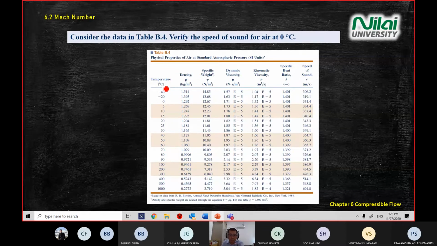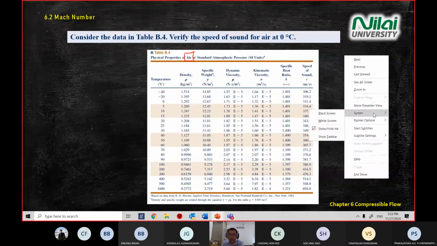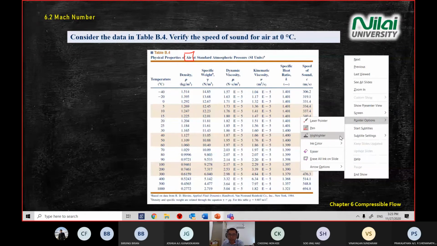You have temperature in Celsius, density, specific weight, dynamic viscosity, kinematic viscosity, specific heat ratio K, and speed of sound C. This table B.4 is for air. Each medium will be different. CO2 will be different, nitrogen will be different, water will be different. And all these values are interrelated.